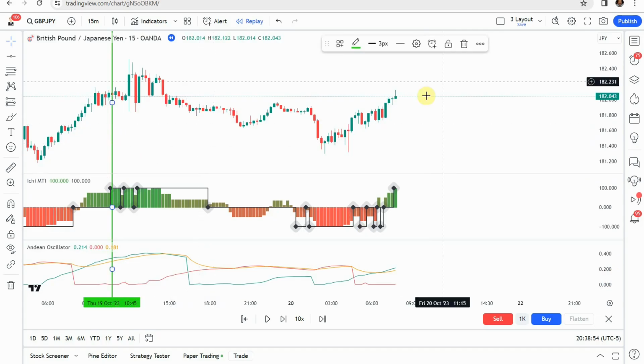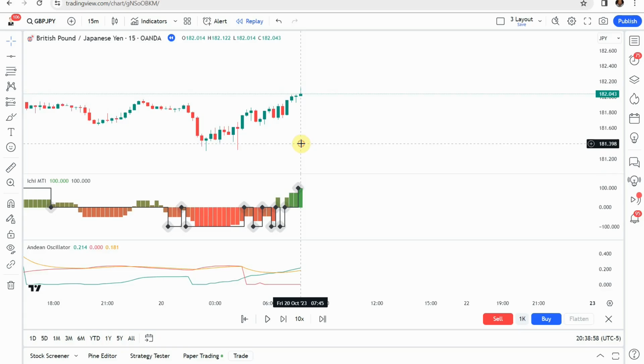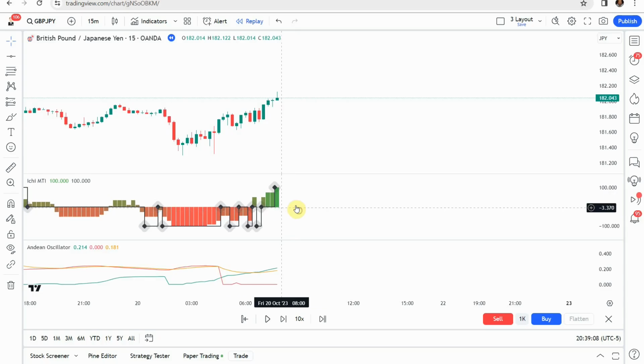So what we're specifically looking for is going to be the Ichimoku indicator, the Ichimoku Cloud. And we are looking for it to give us one of these black diamonds. So we're looking for the black diamond to be above the center line. So anytime a black diamond appears on the center line like so, that means that in theory there should be consolidation or range in the market.